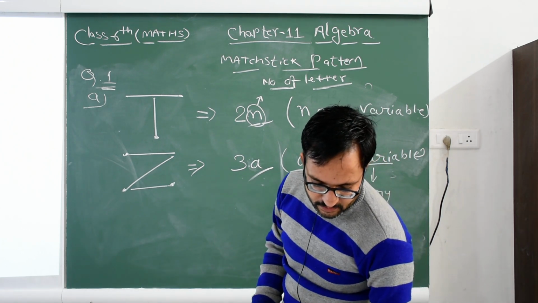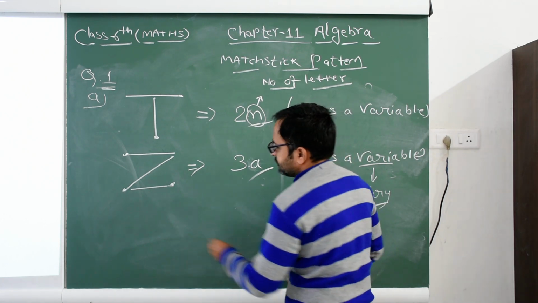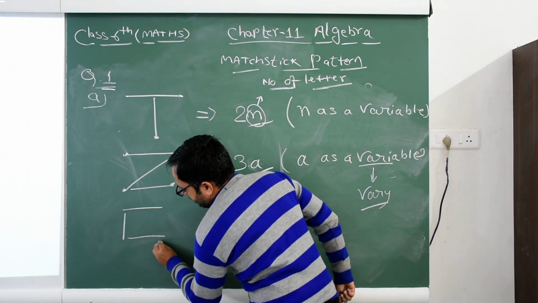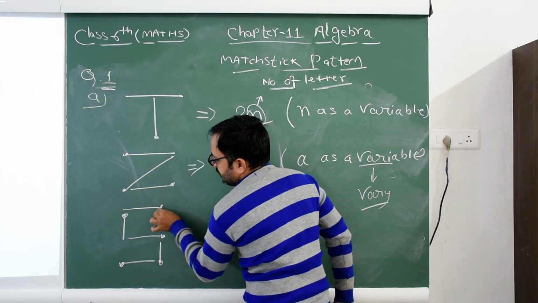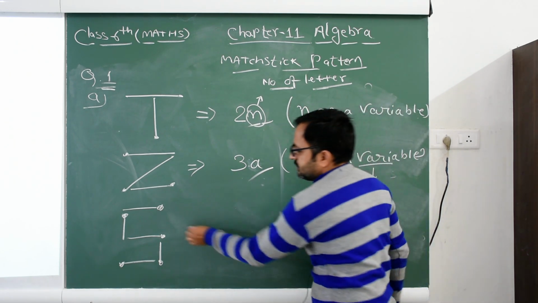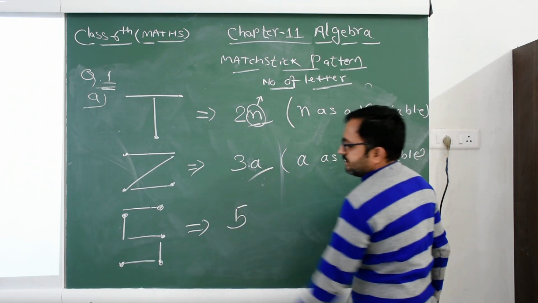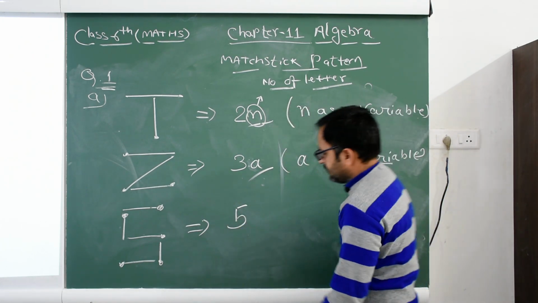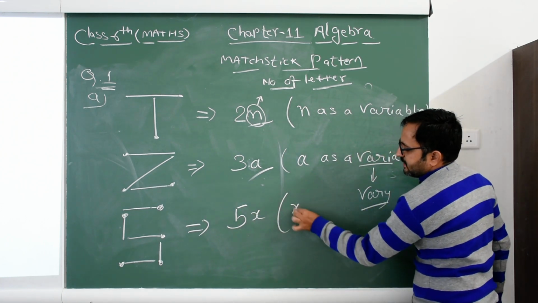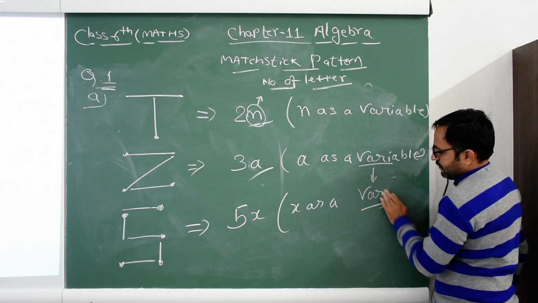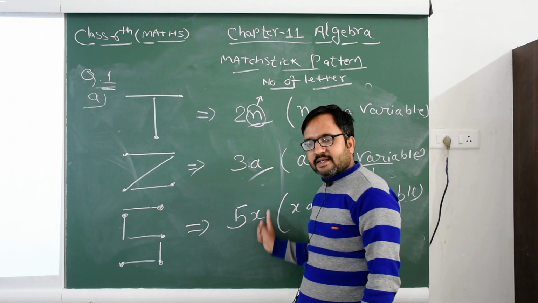Same as if you draw S, if you draw letter S, how many matchsticks do you use? 1, 2, 3, 4 and 5. 5 matchsticks are required for a single S. Now we take variable X. Here we take X as a variable.